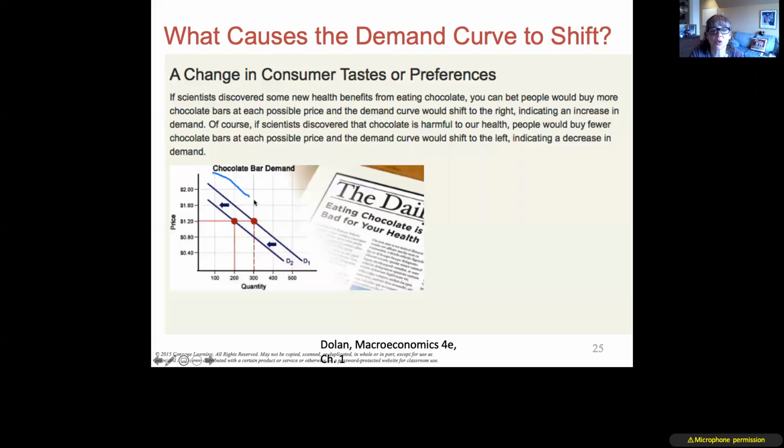That means the demand curve would shift out here, correct? But if you look at this newspaper article in this example, it says eating chocolate is bad for your health. Well, if everybody read that, what would happen to the demand curve for chocolate? It would go in, correct? So if eating chocolate was good, it would go out. And if eating chocolate was bad, it would go in.